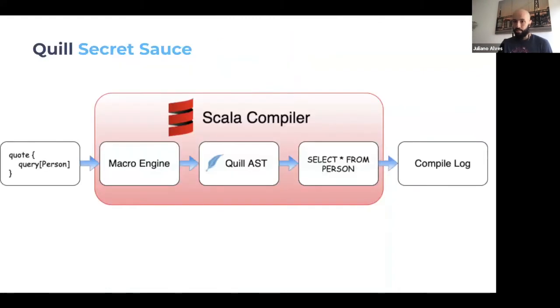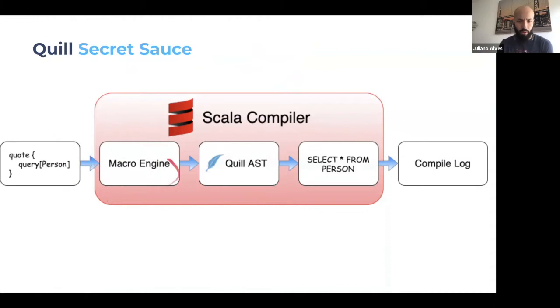And I had to learn about Quill, right? I started contributing, and eventually I wanted to know more and more about the complexity of it. And this is a general overview of how Quill works. So like I said, we have this quotation mechanism here, right? And this part here in red is related to the compiler.